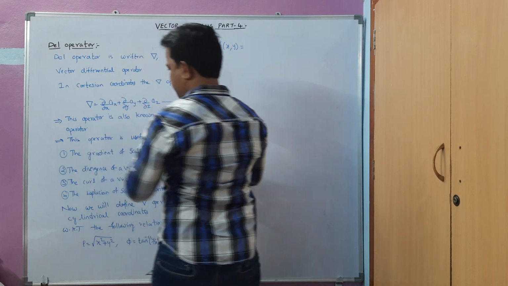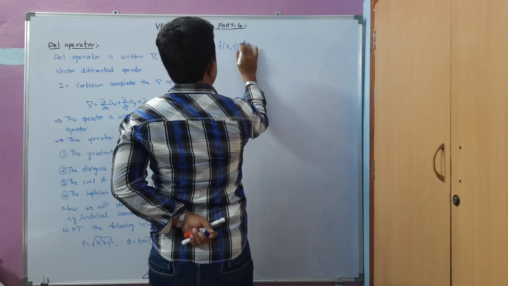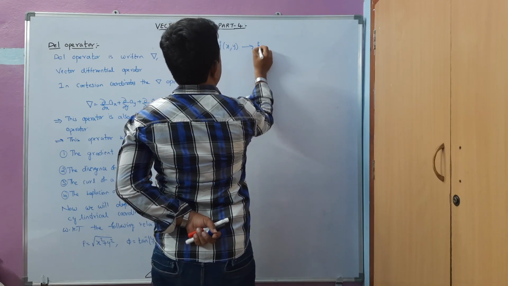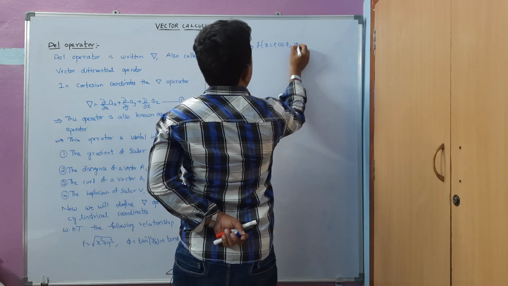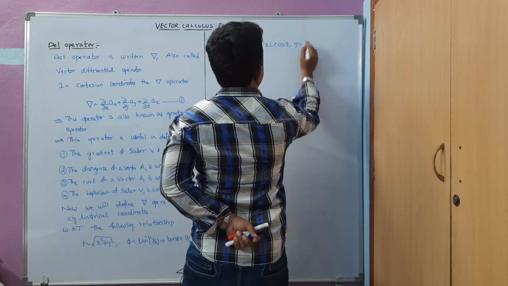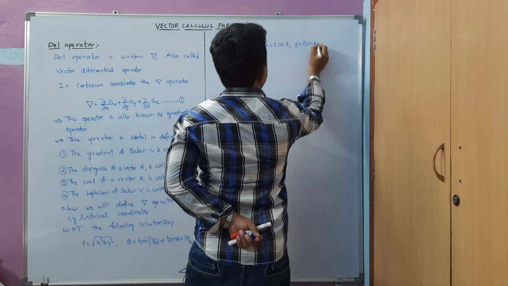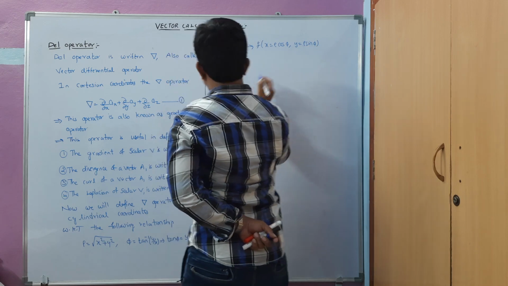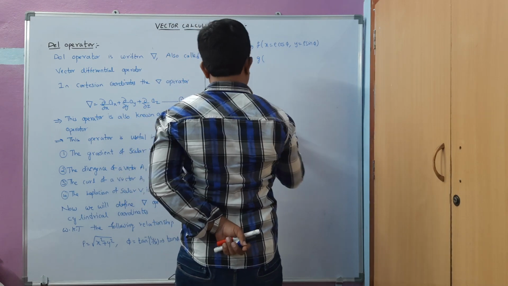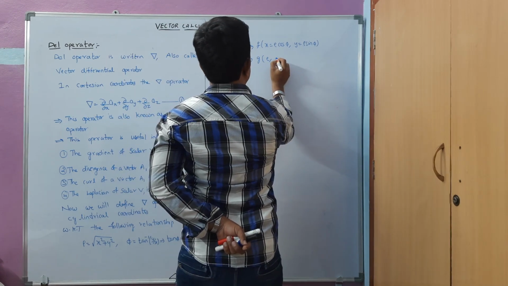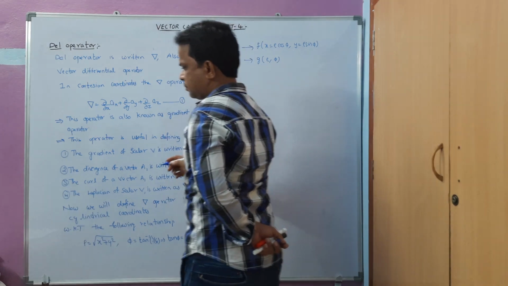At this side this function is related to x is equal to rho cos phi and y is equal to rho sin phi. So this is the function we can write, and this function g will be in terms of g of rho comma phi.